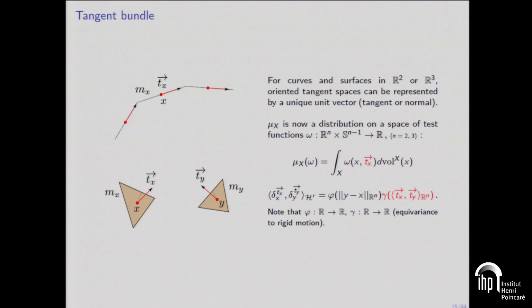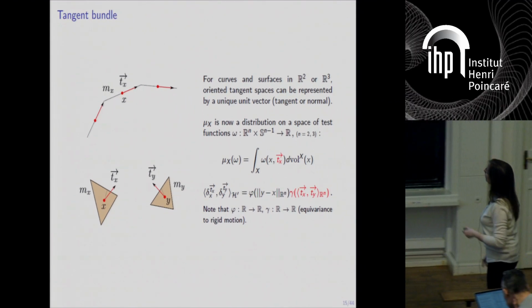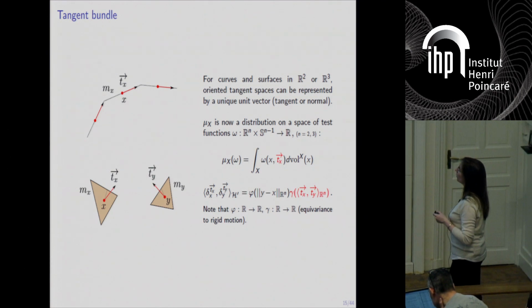So why can you reduce your new kernel on the tangent vector to a scalar function of the angle? This is again because of the rigid motions. And when you apply a rotation or translation to a vector, you preserve the angle. So you can rewrite your kernel that defines your new Hilbert space as a scalar function on this scalar product.